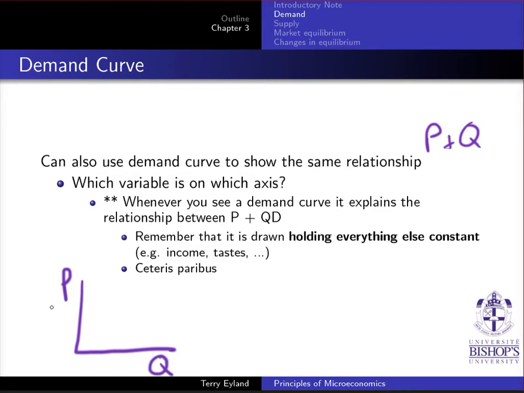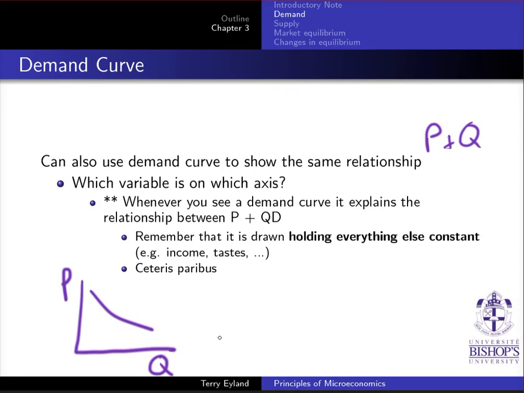We actually have price up above and quantity down below. If you were to do it the other way around, it's still right. You're still representing the relationship. However, this is the form most commonly used in textbooks, having price here and quantity down here.